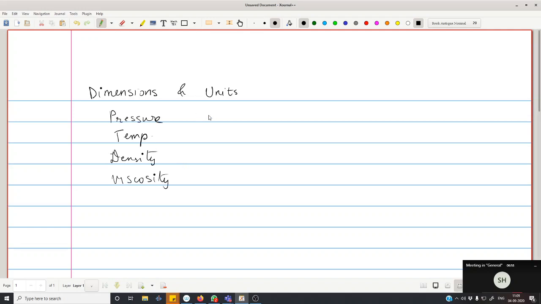Okay, so the unit of pressure is Pascal, which is essentially Newton per meter square. Units of temperature, Kelvin, degree Celsius. Units of density, kg per meter cube.